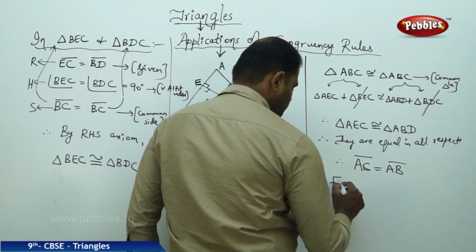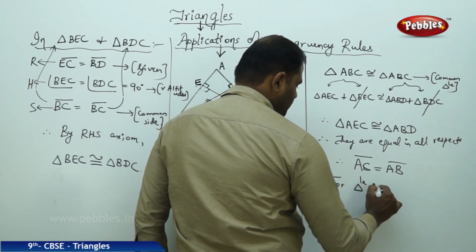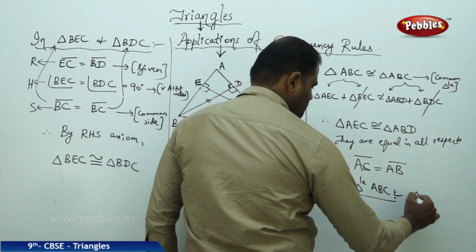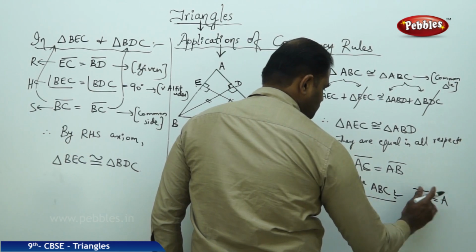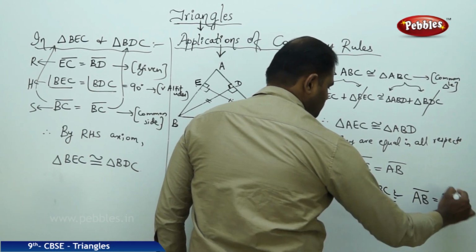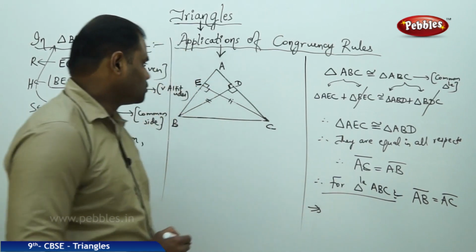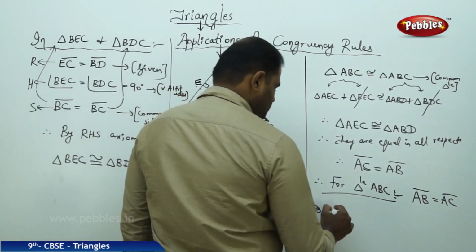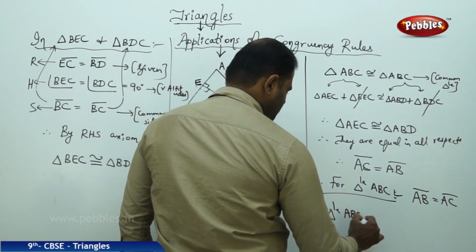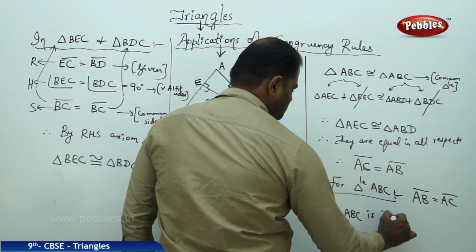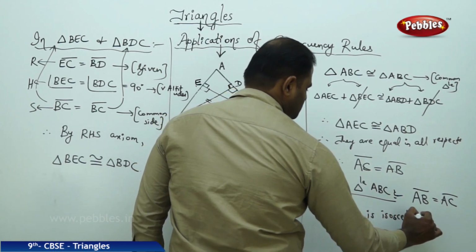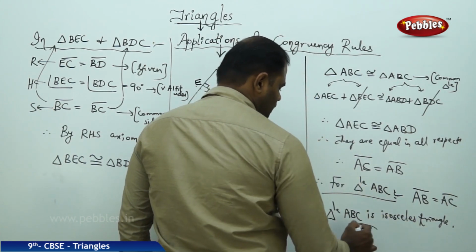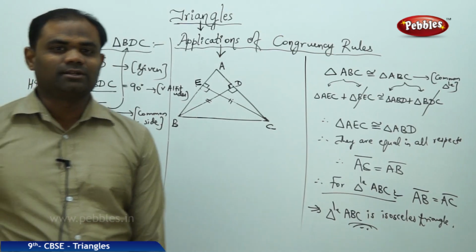Therefore, for triangle ABC, side AC is equal to AB. That implies the two sides are equal and hence the triangle is isosceles. That implies triangle ABC is isosceles triangle, is how I conclude the proof using congruency rule.